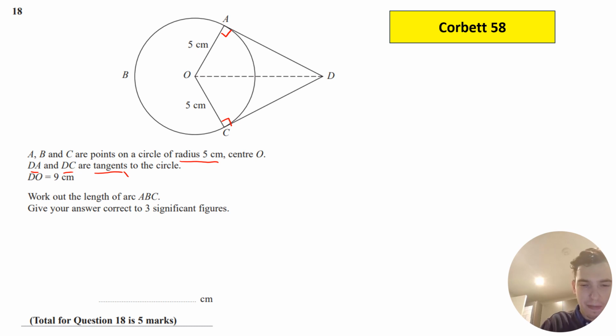Arc ABC. Okay, so let's get my highlighter and let's highlight the length that I want to find out, which is this length here. Okay, DO equals 9. DO equals 9. So let's put that in the question because that's not in the question. Now I know to work out the length of arc ABC, I need to find my angle here.